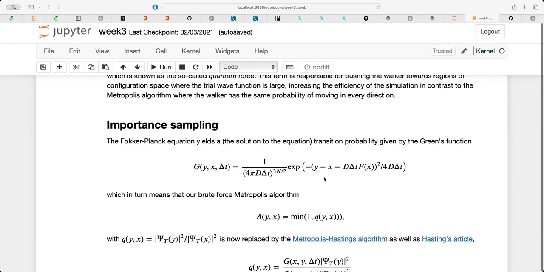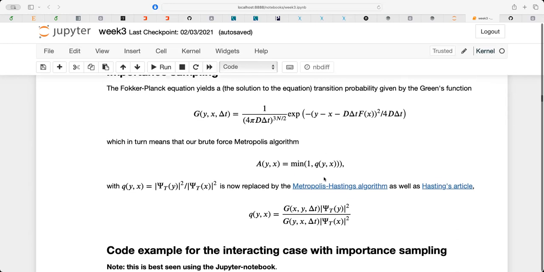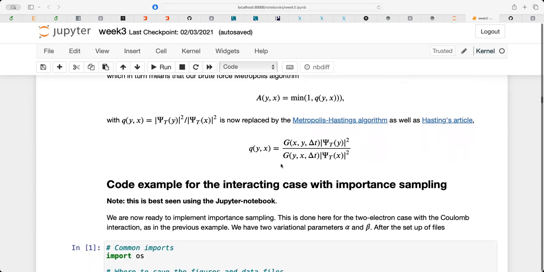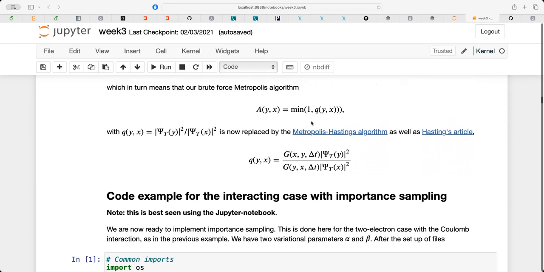So that means that when we now look at the Metropolis algorithm, we need to calculate this ratio here, which is different from the one we had before, where we had the wave function squared in a new position divided by the one in the previous position. Now we need to plug in this T matrix, or this transition probability, from going from x to y and from y to x.